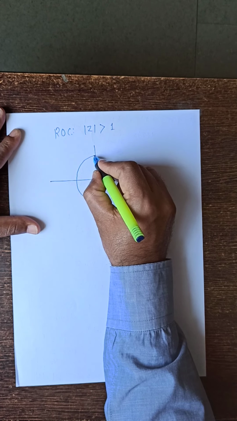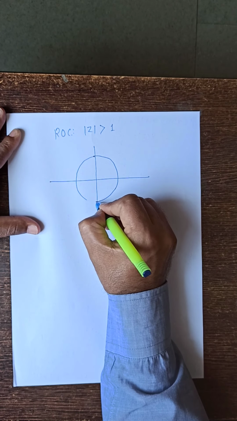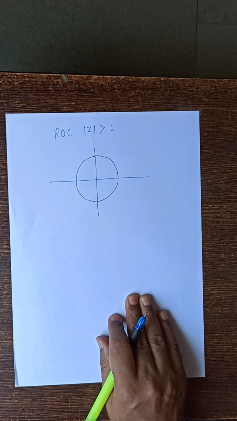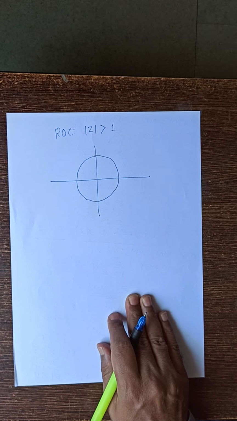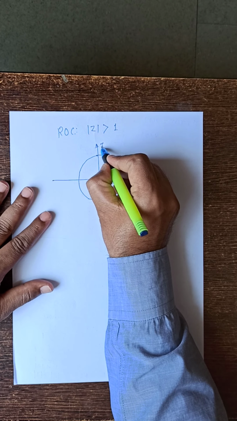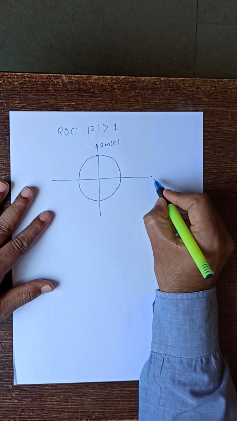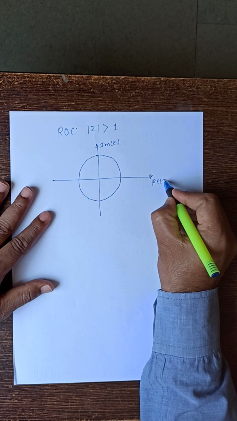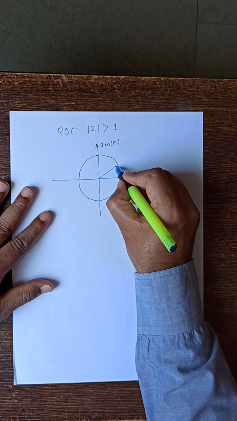So draw the circle of unit radius. So this is the imaginary part of z, this is the real part of z.